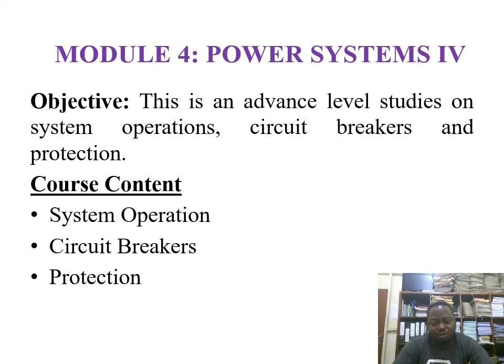Say the power has been generated, transmitted, and distributed. Then, in order to maintain its reliable operation, attention must be given to its protection. So students will have a broad knowledge of how to protect the power system network in order to avoid intermittent power failures and other related issues.